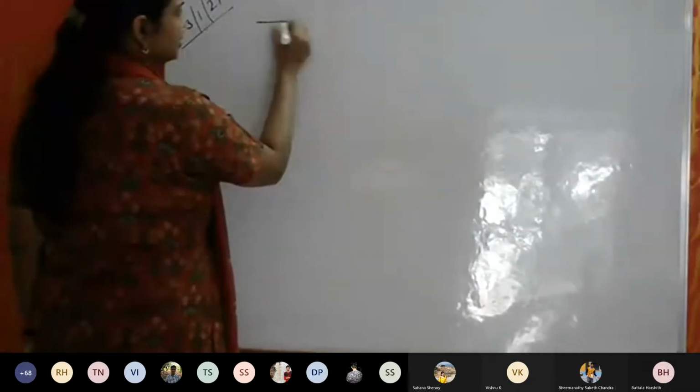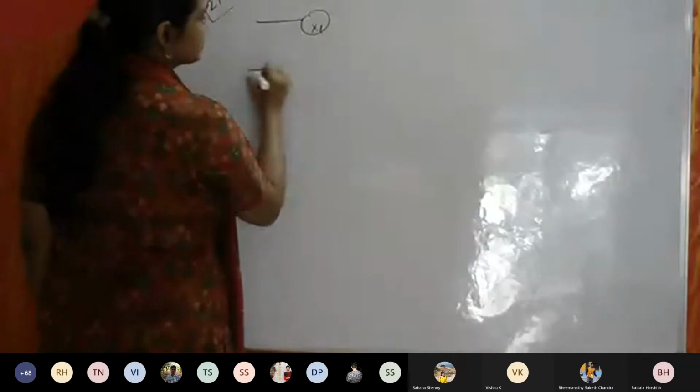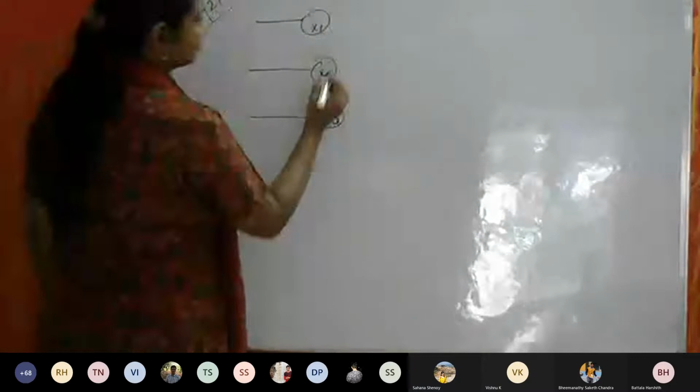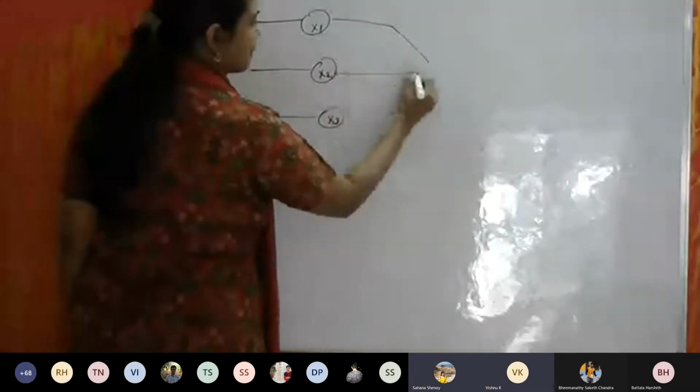Ma'am, we can't see what you're writing. It's a little above the camera. I just wrote only the date. I'll start writing from here. Can you see? Yes, ma'am. First node is not seen, ma'am.